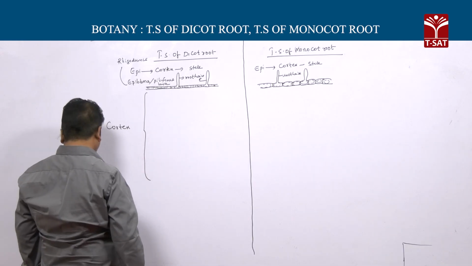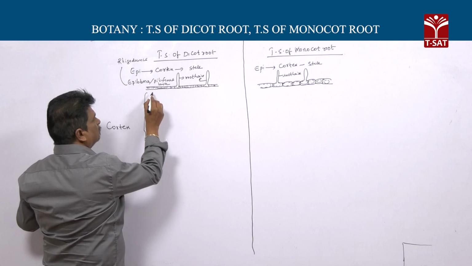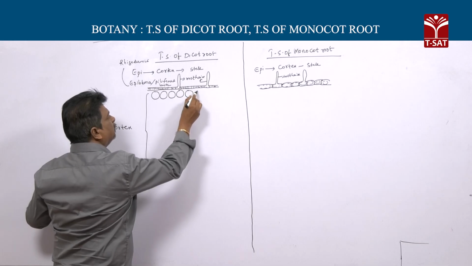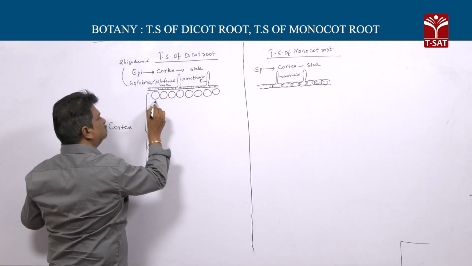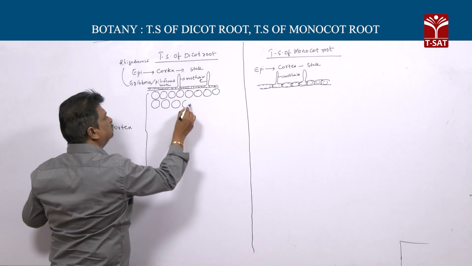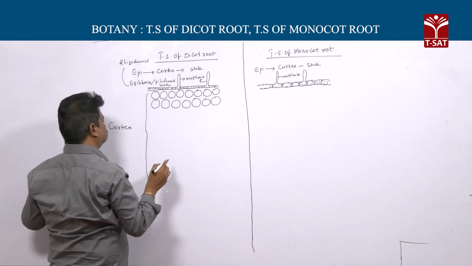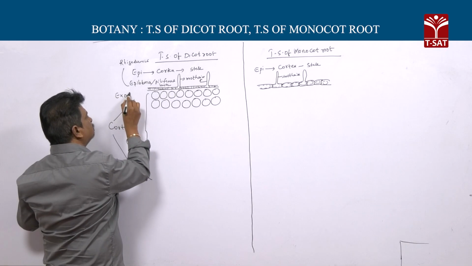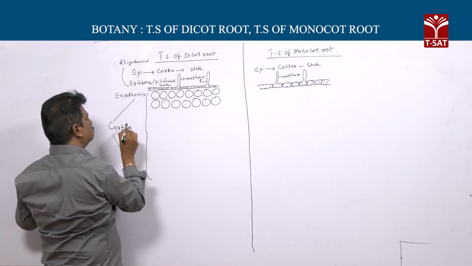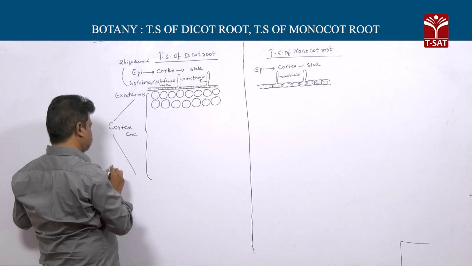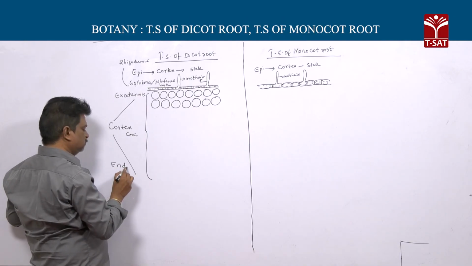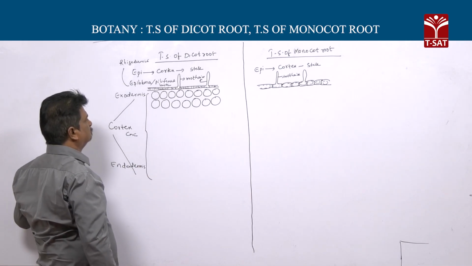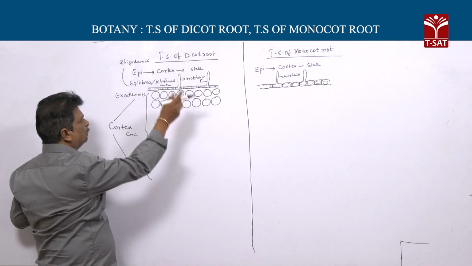Cortex. Root character: cortex is enlarged. And this cortex shows three parts: exodermis, then general cortex and endodermis.